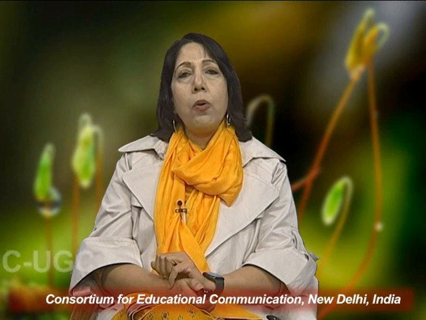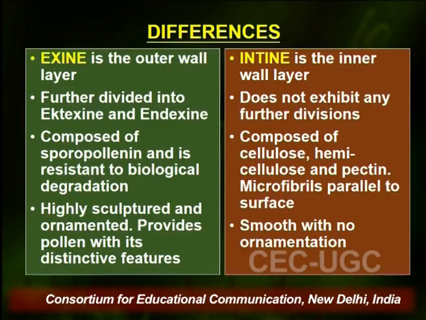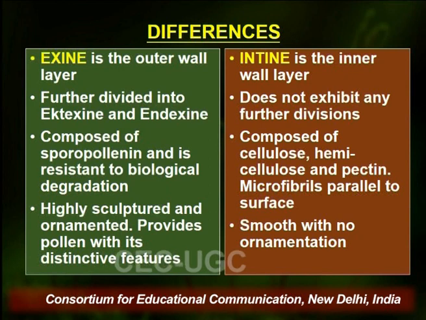Now, quickly I would like to tell you that exine is the outer wall layer, intine is the inner wall layer. Exine is divided into ectexine and endexine, whereas intine is not further divided. Exine is composed of sporopollenin, and intine is composed of cellulose, hemicellulose and pectin.